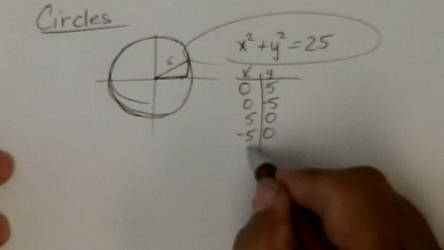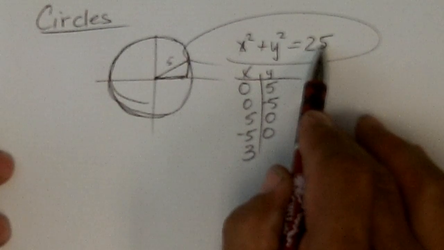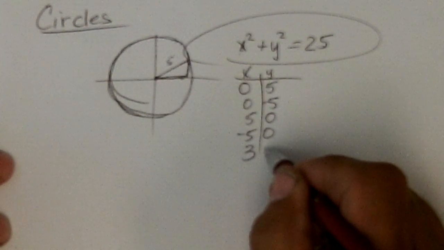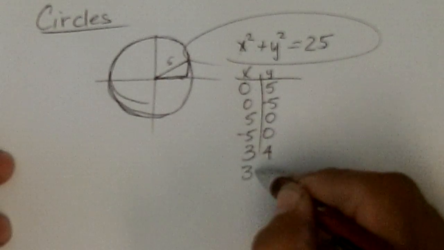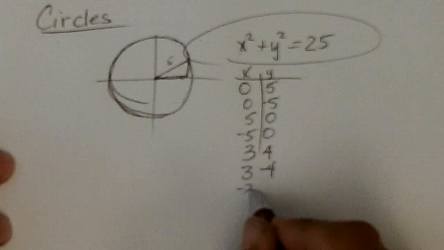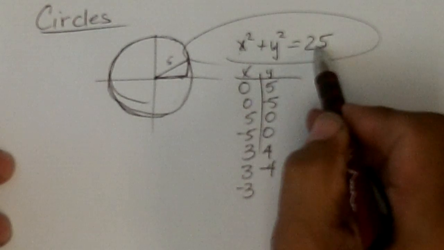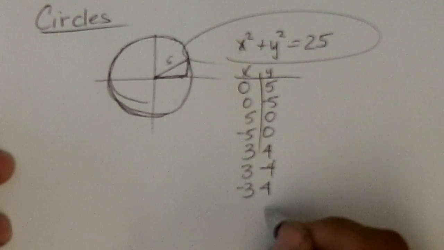If I put in 3 for x, 9 from 25 is 16, so y squared would be 16, and y could be 4 or negative 4. And if I put in negative 3, squared is 9, 9 from 25 is 16, it could be 4 or negative 4 for y.